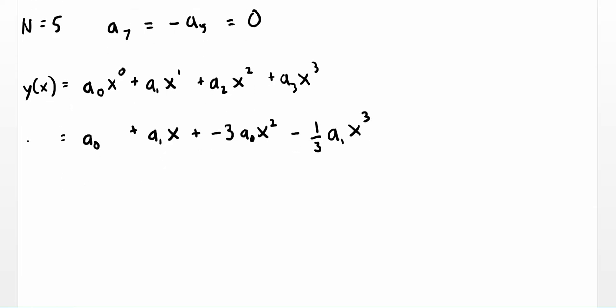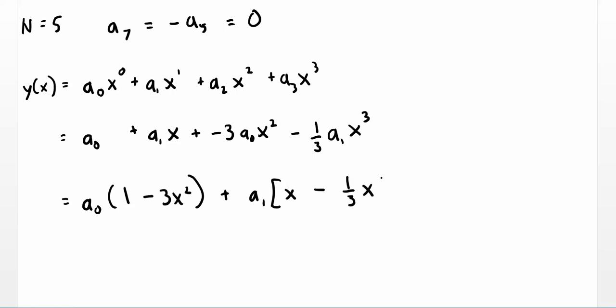So we'll rearrange this a bit. Factoring out the a0 from the 2 terms that have it, a0 times 1 minus 3x squared. And then factoring out a1 from the 2 terms that have it, a1 times x minus 1/3 x cubed.